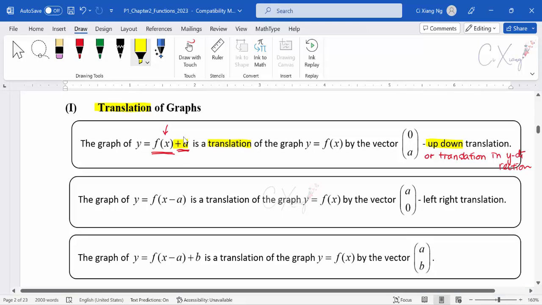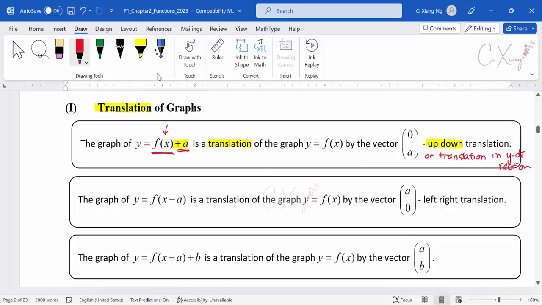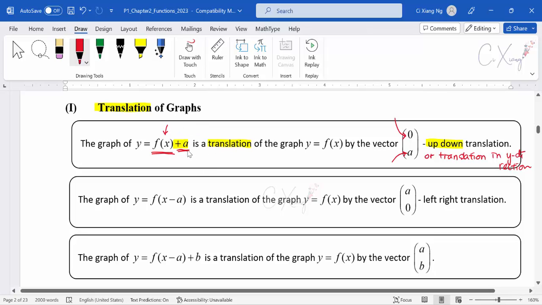Then when we want to put this translation in the general equation, you can write it by the vector (0, a). The value on top means the translation in the x-axis or x direction, and the bottom one is the y direction. Since we have a plus a outside the basic function, it is a translation in the y direction.